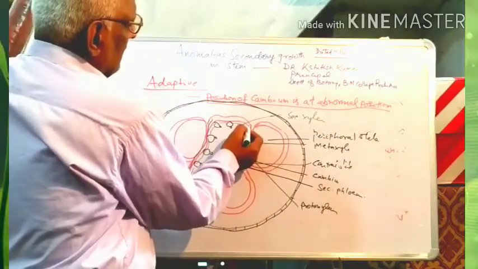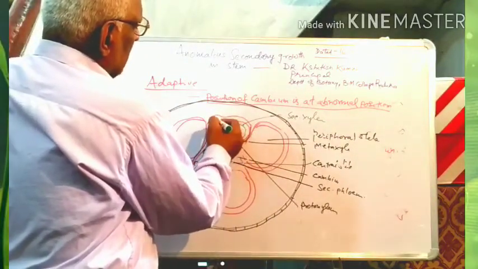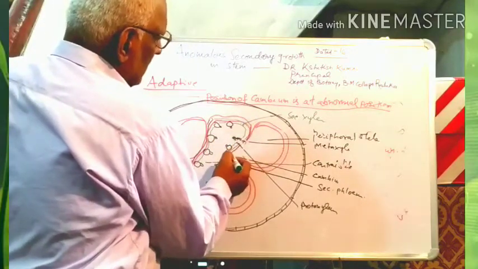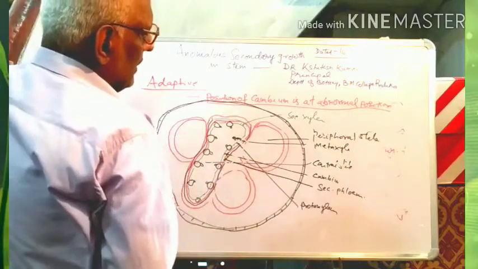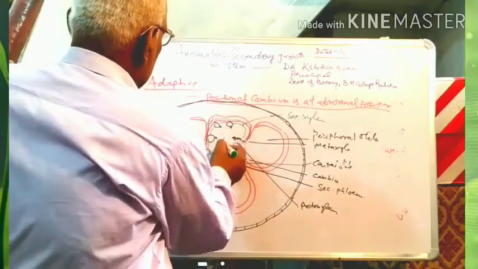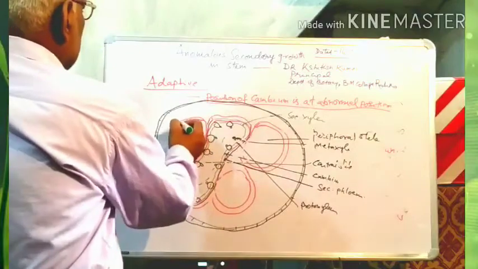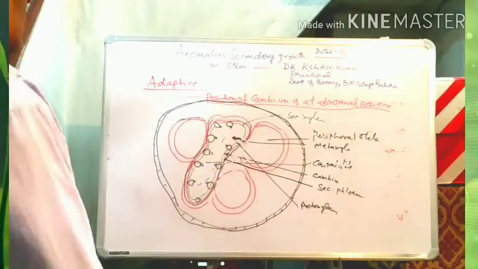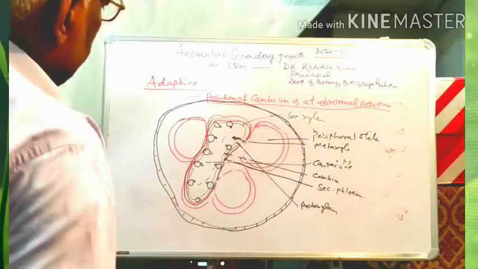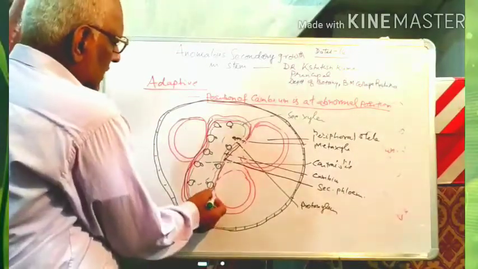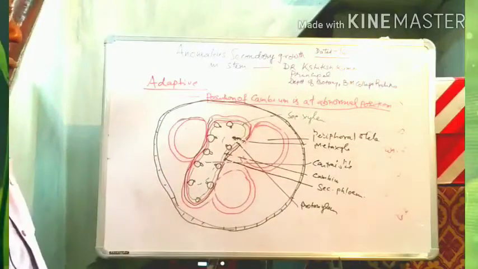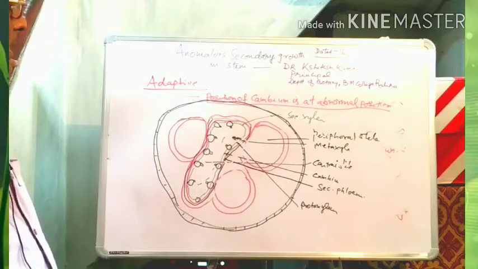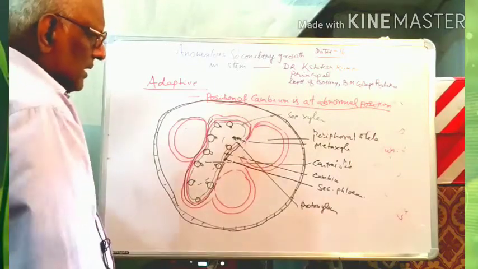The secondary xylem is formed here and secondary phloem is formed outside here. This is the portion of secondary phloem. So in each structure, such secondary structures are produced later on after the secondary growth in Sergenia.